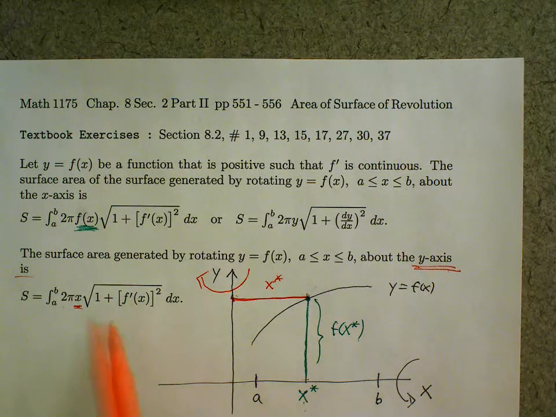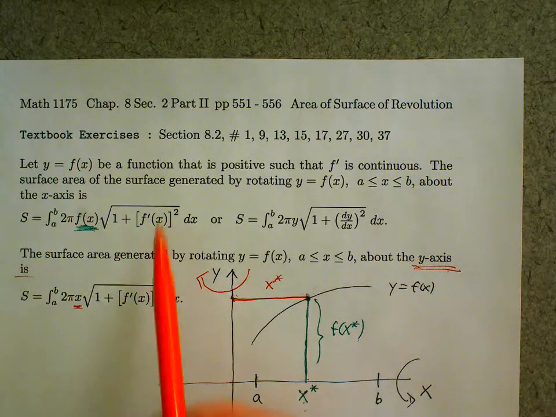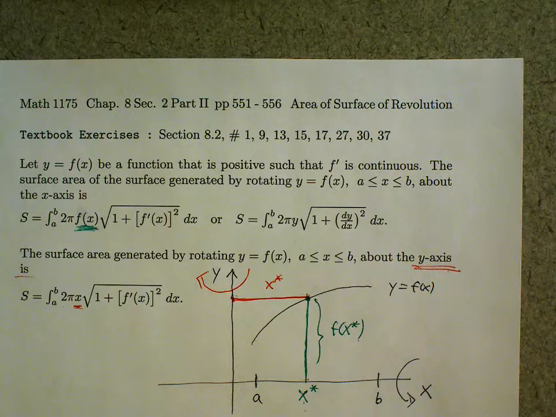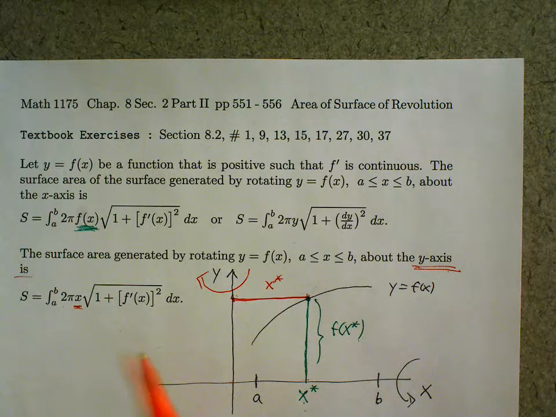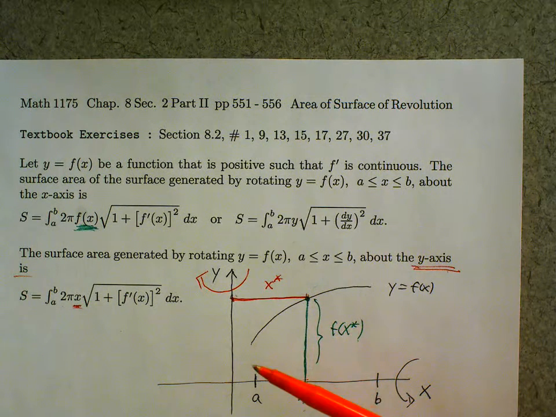Why does the square root of 1 plus the square of f prime of x remain the same? So what's that a remnant of? When we were discussing arc length, we had a definite integral of that square root. So you can think of it this way.